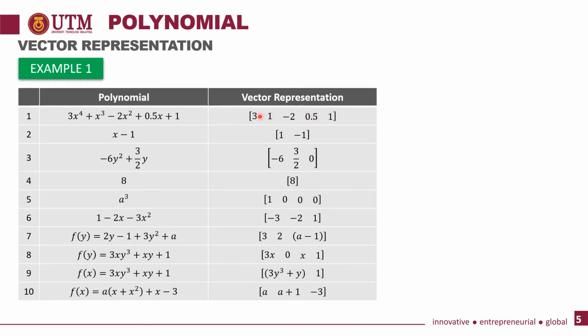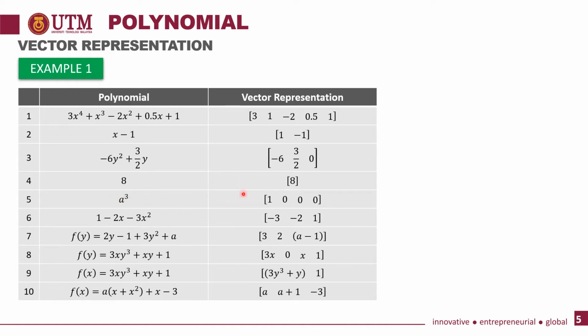But what about a polynomial expression that doesn't have a coefficient for some power? For example, in this one there is no coefficient for a to the power of 0, but you must start at a to the power of 0 from the right hand side. To solve this kind of problem, you can just put 0 inside the matrix. So this 0 represents a to the power of 0, 0 represents a to the power of 1, 0 represents a to the power of 2, and 1 represents a to the power of 3 here.